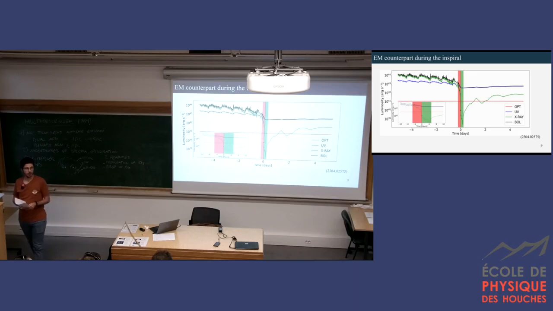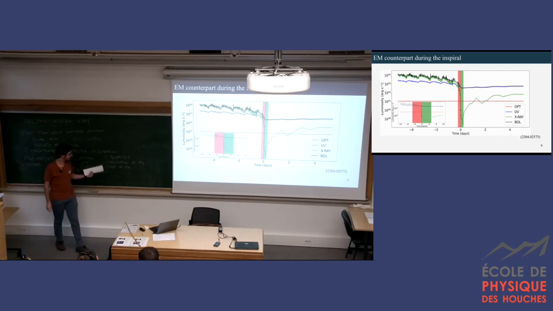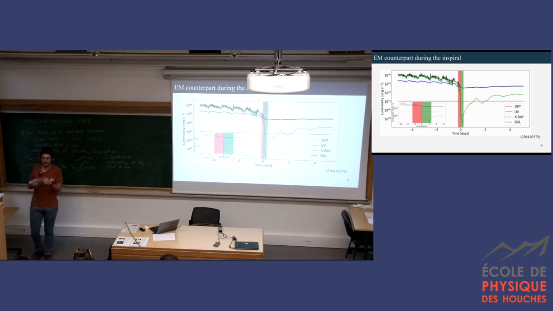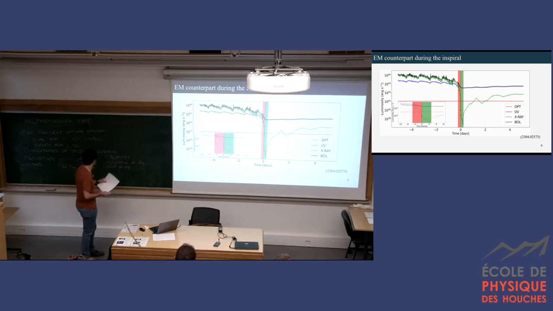So in principle, both these features are unique features of the presence of a massive black hole binary. But the point is that there are also problems if you want to detect this type of emission. I will put it under cons.